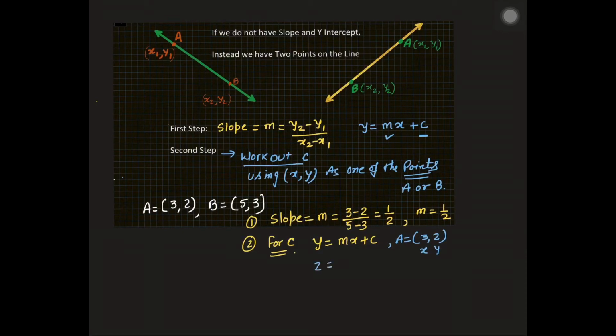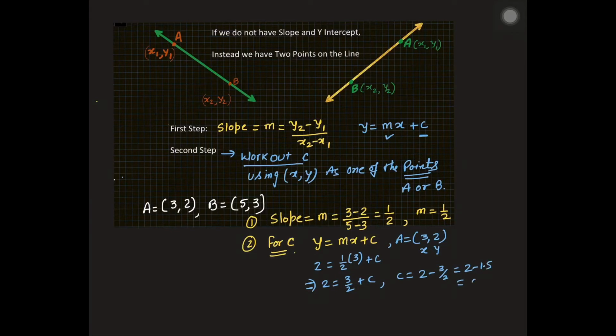So substitute in the equation: 2 equals m, which is 1 over 2, times 3 plus c. Make sure you simplify these fractions properly so that you don't get a negative or positive answer. So 2 equals 3 over 2 plus c. Therefore c should be 2 minus 3 over 2.